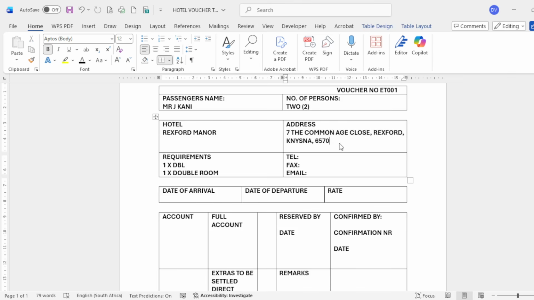If you do not fill the area code, or you leave out the number of the street or the city, you will not get the mark. So we usually mark the voucher per block. Okay. The next thing they want is requirements. So guys, requirements will always be about the room.